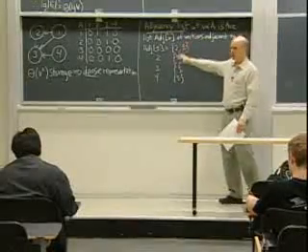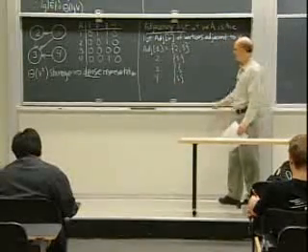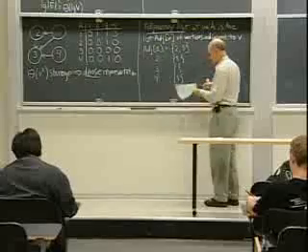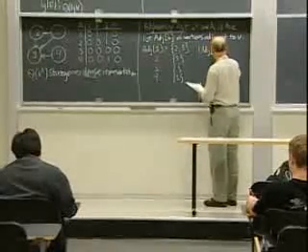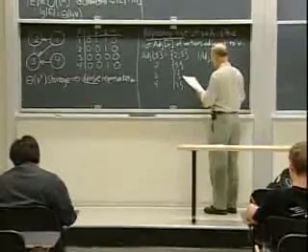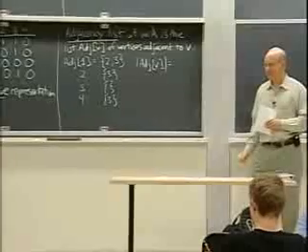Now, if we want to figure out how much storage is required for this representation, we need to understand how long the adjacency list is. So what is the length of the adjacency list of a vertex V? What name do we give to that?